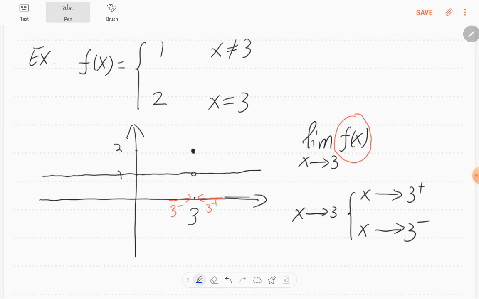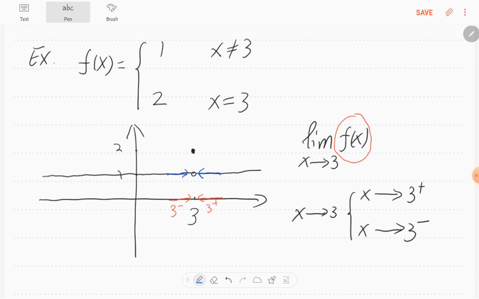So when x approaches 3 from the right side of 3, then the f values will be on the curve, right? Which will go this way. When x approaches 3 from the left side of 3, the f values will follow the curve and go this way.